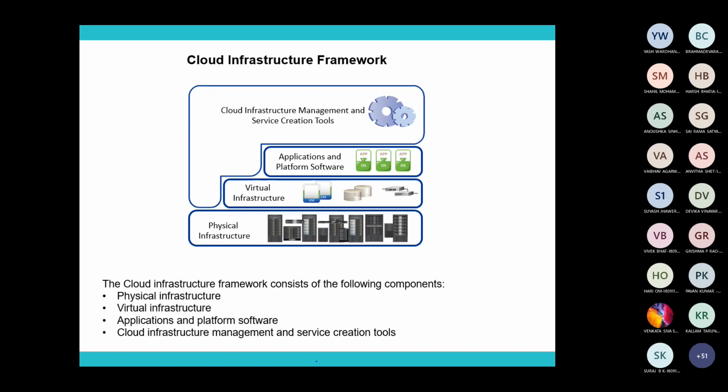Infrastructure provides only the core infrastructure, platform provides the core infrastructure along with a suitable platform without any application, and software as a service provides the software applications. The last one on top is the cloud infrastructure management and service creation tool, which is responsible for managing the virtual and physical infrastructures.